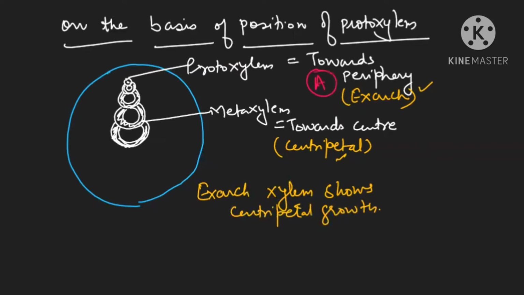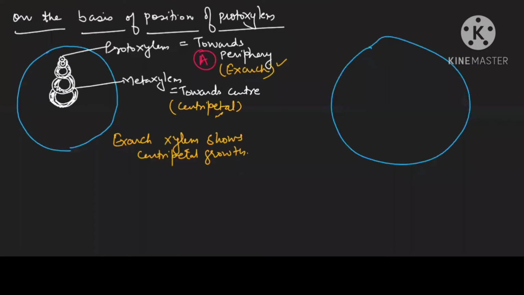Now see in the diagram endarch. Now see here, this is in the C, check the board carefully. This is your protoxylem I'm drawing. And slowly the maturation is moving away from the center. Understanding the diagram? Maturation is moving away from the center. So this is your protoxylem. And this is your metaxylem.